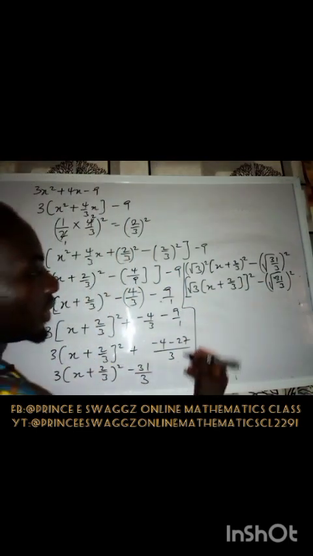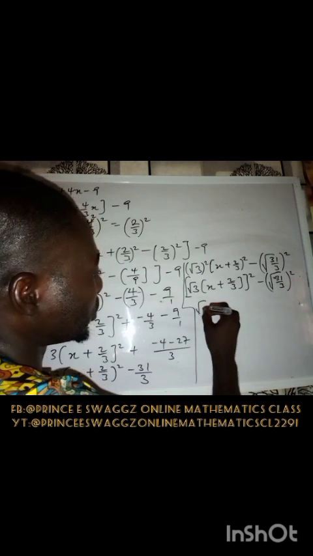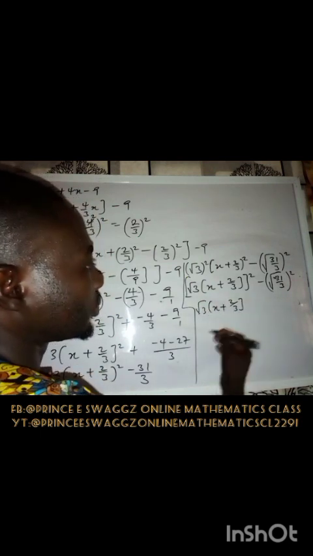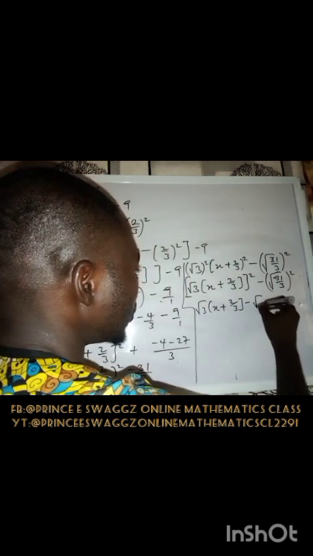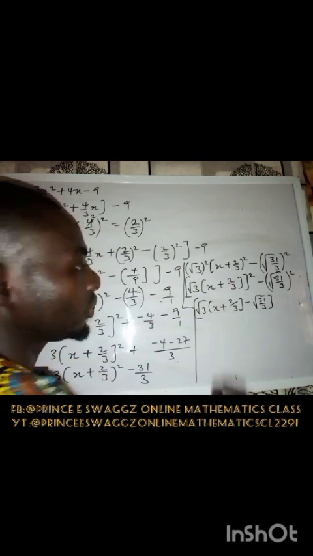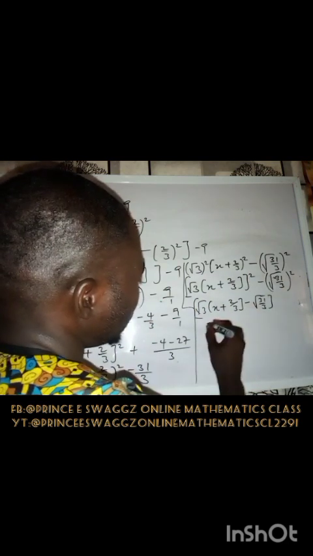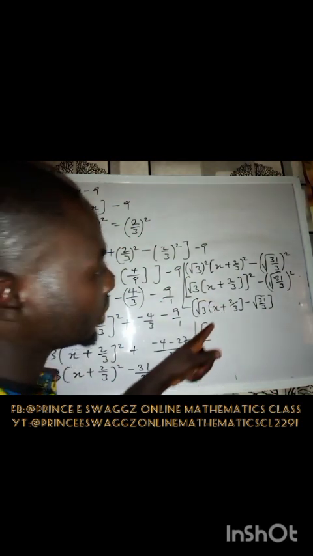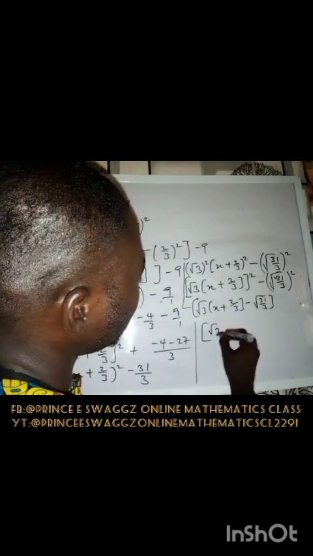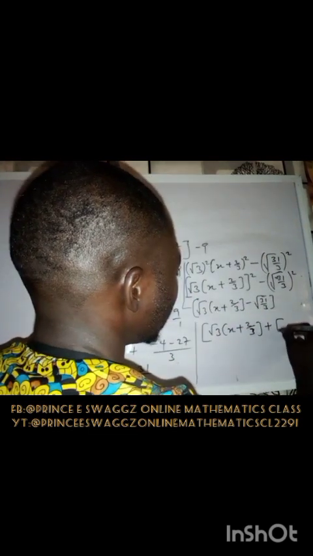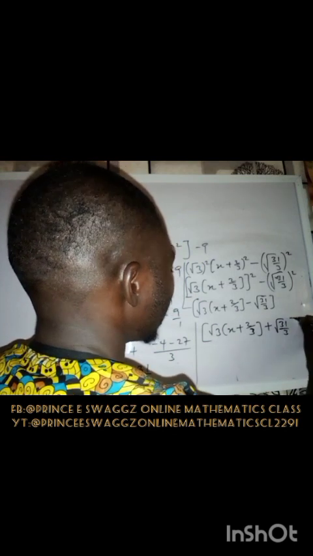So I combine them together, taking the negative first: root 3 times x plus 2 over 3, minus root 31 over 3. That's the first one. Then the positive one: root 3 times x plus 2 over 3, plus root 31 over 3.